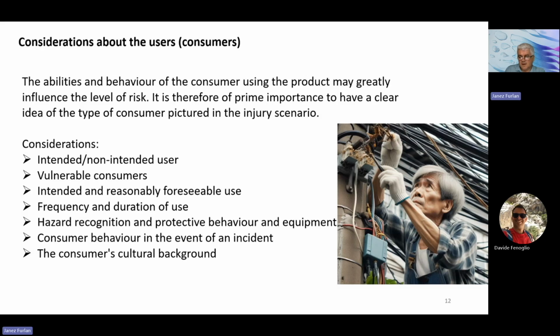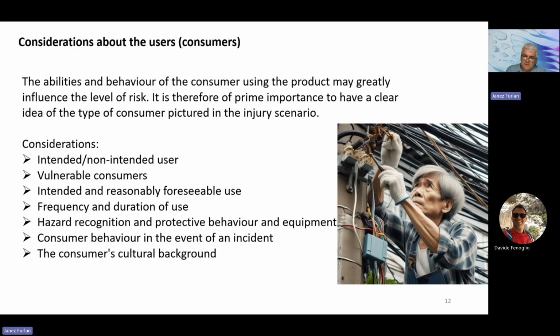If this is not the case, we of course need to address these issues with risk assessment, with proper design of the product, and also later with the list of residual risks usually contained in instructions for use. We also need to take into account differences in consumers' cultural background.